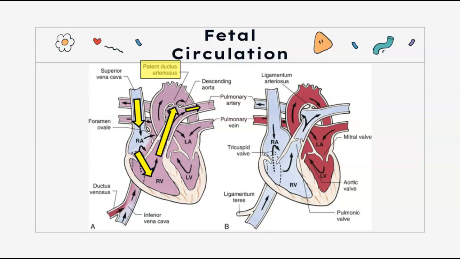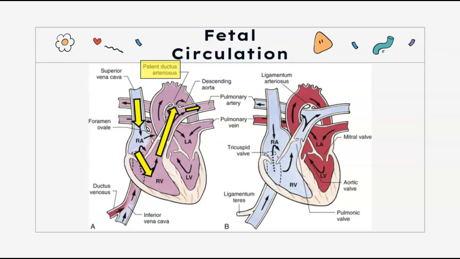Only a small amount flows to and from the non-functioning fetal lungs. Remember, they don't need a lot of oxygenated blood to the lungs because they are not using the lungs while they're in the womb. After birth, with the first breath, the lungs are expanded and oxygen causes pulmonary vasodilation.